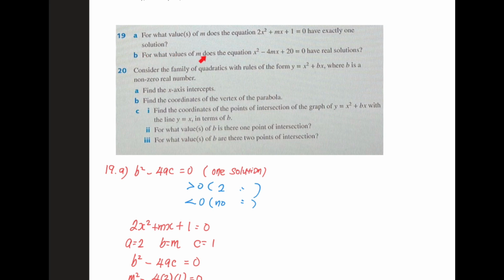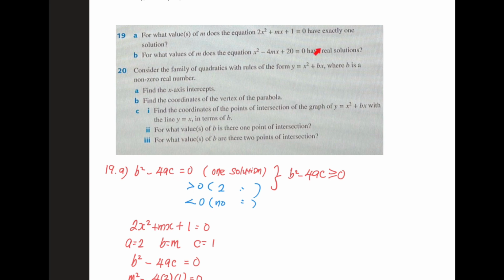For what values of n does the equation have real solutions? So if they say it has real solutions, we have to use b squared minus 4ac more than or equal to 0. So of course it is the combination of the first case and the second case. So one solution or two solutions combined, then it becomes more than or equal to 0.